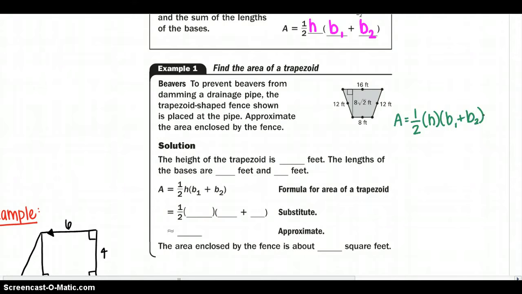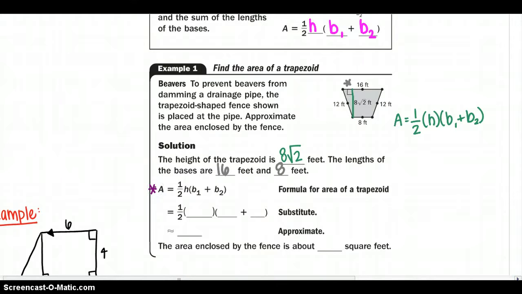Alright, so we know what we need. So let's look for our height. And remember, the height is the perpendicular distance between the two bases. So we would say our height is 8 square root of 2. The lengths of the bases are the parallel ones, so 16 feet and 8 feet.